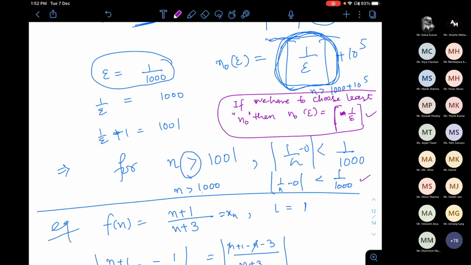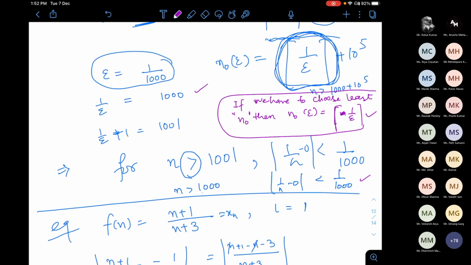Ma'am, the statement where you have written that n naught of epsilon is equal to the ceiling function of 1 by epsilon, is in the case when 1 by epsilon is not an integer. But if 1 by epsilon is an integer, then we should add 1 to get the least value of n naught.